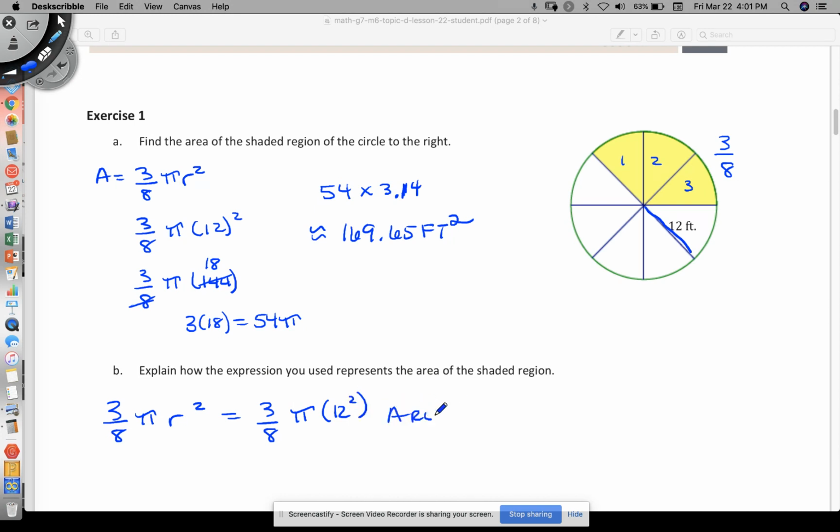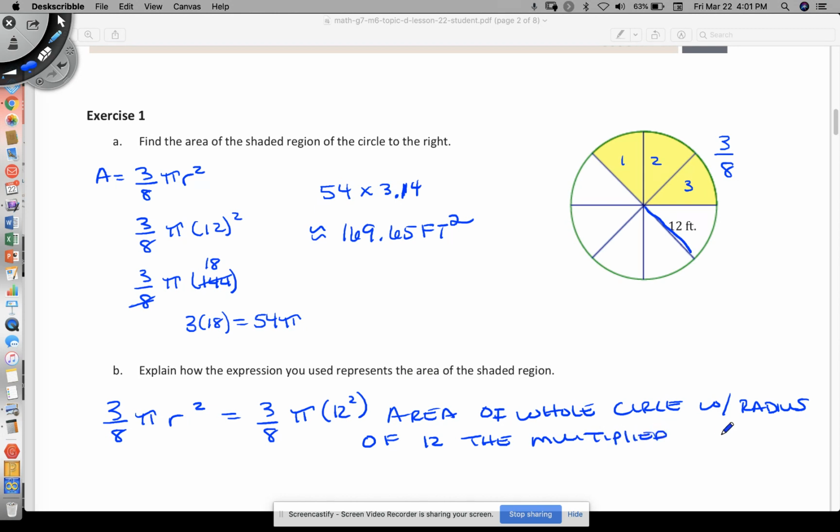So what we did is the area of the whole circle with a radius of 12, then multiplied that by 3/8 gives you just the shaded area.